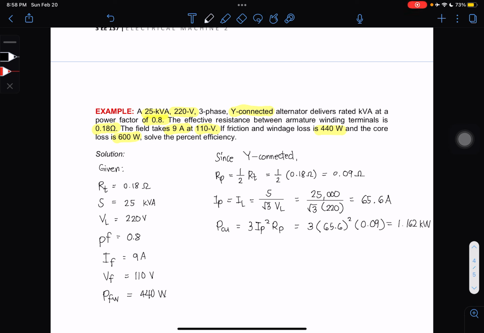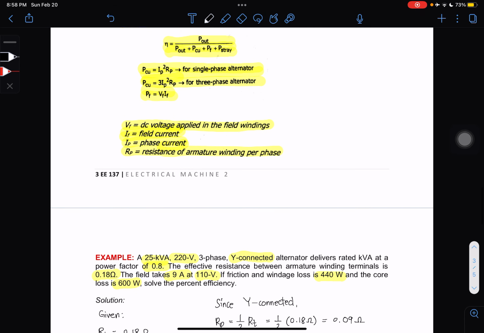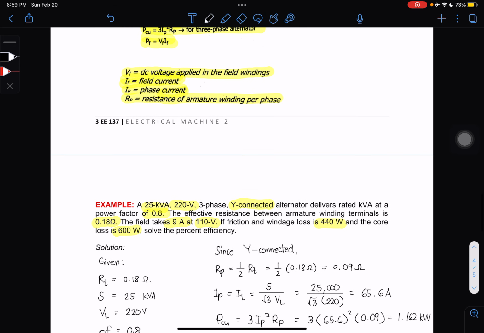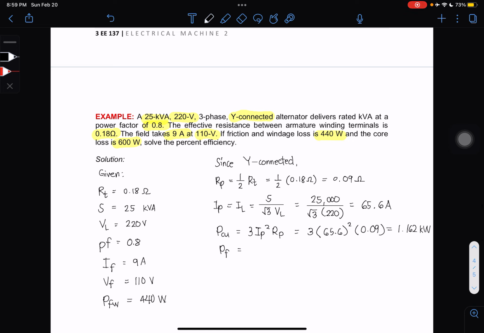And our field PF. So what is PF? For our power loss in the field. So we have VF multiply by IF. These two are given already.